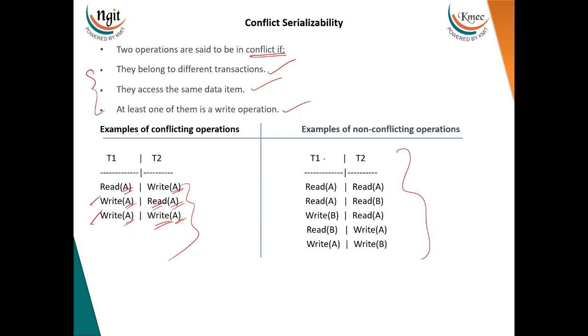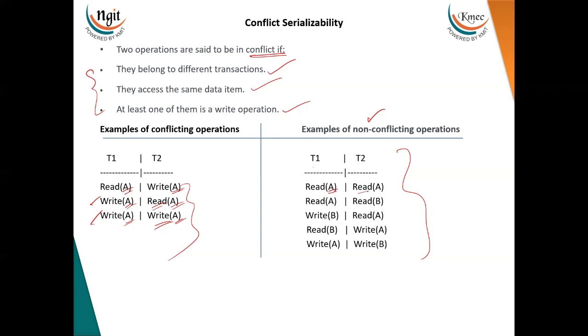Okay, and here we have different transactions performing different operations at the same time, but these kinds of operations result in non-conflicting operations. Let us see what they are. Read operation performed on data item A by T1 transaction and read operation performed on data item A by T2 transaction.